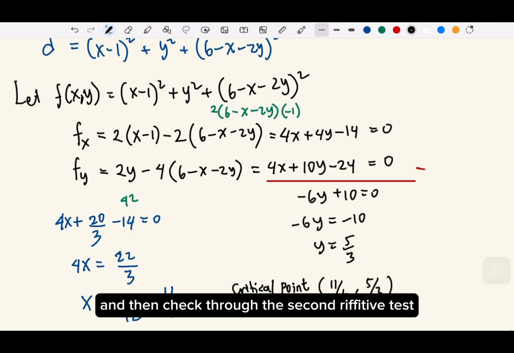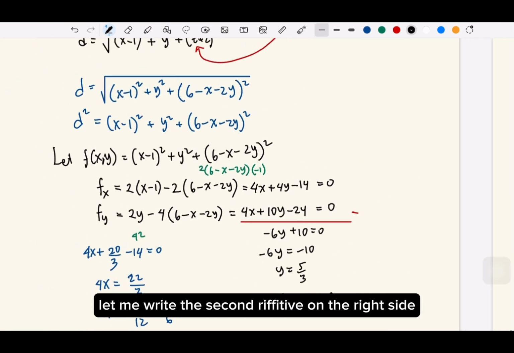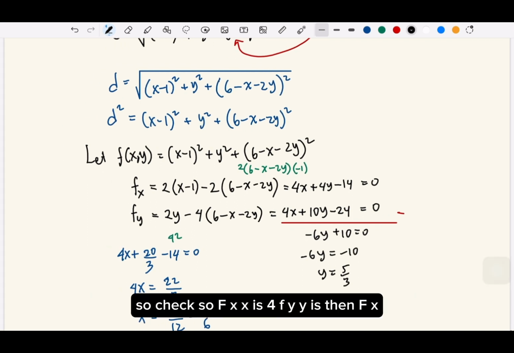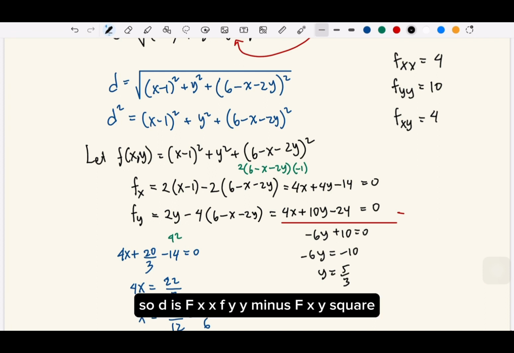And then we check through the second derivative test. Let me write the second derivative on the right side. So check, so fxx is 4, fyy is 10, fxy is 4, right? So D is fxx fyy minus fxy squared.